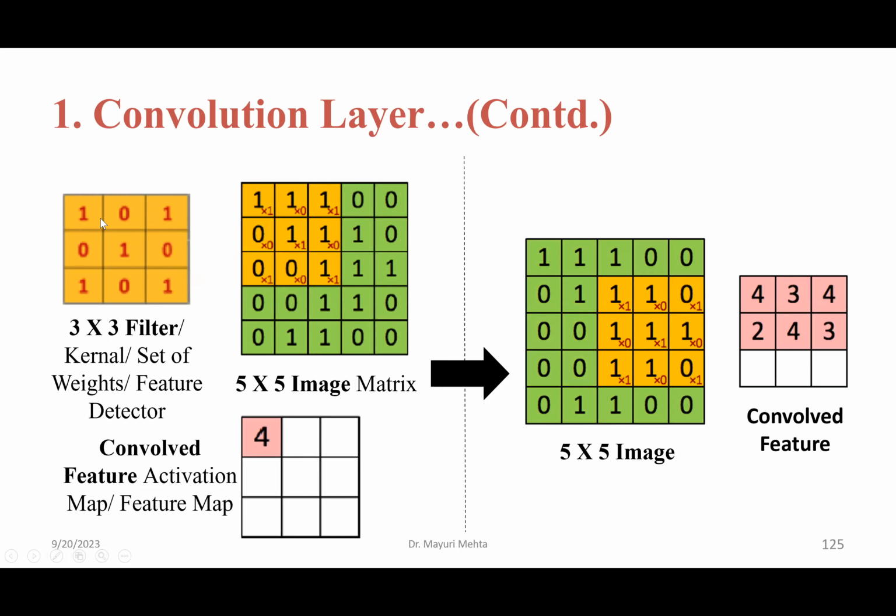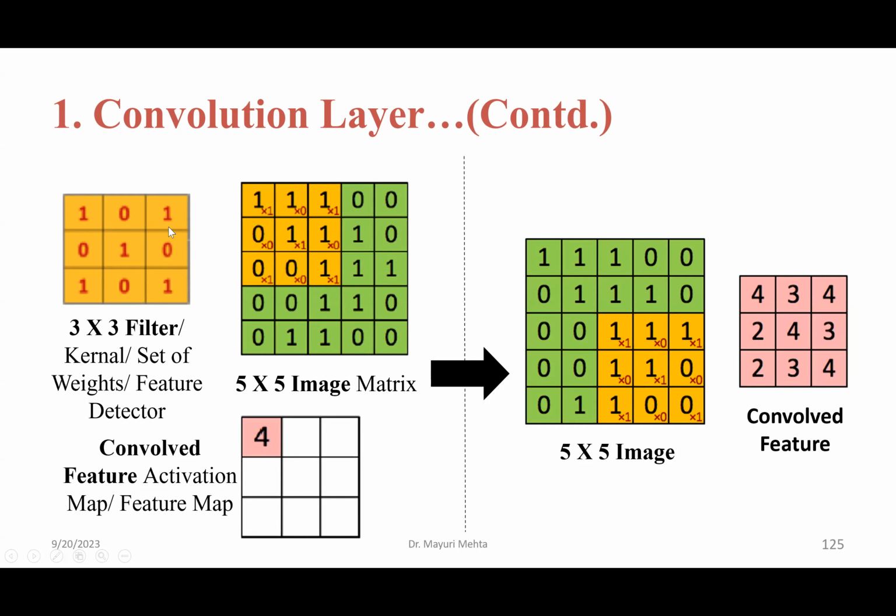We multiply the weight value with the pixel value. This 1 and 1 will be multiplied, this 0 and this 1, this 1 and this 1, this 0 and this 0, and so on. Once we multiply them, we add all the values and we get the value 4. So you can see that the convolved feature map contains the value 4 for this block of the image.